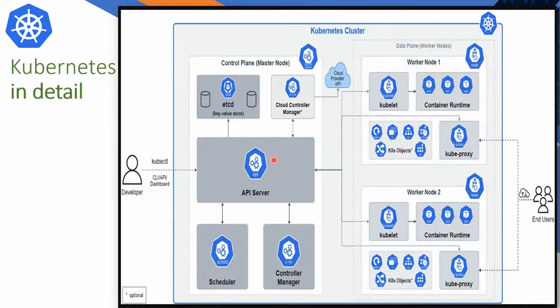So let's say the API server goes down when the container runtime was running beautifully. Suddenly you can see Usain Bolt falling on the track. I'm sorry to use that example, but I wish him all the best.